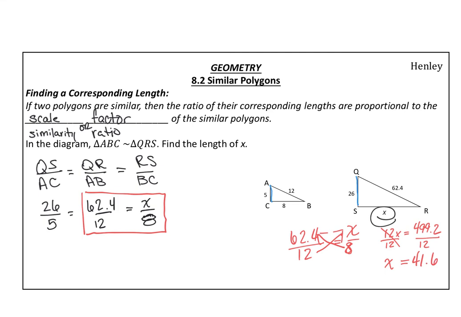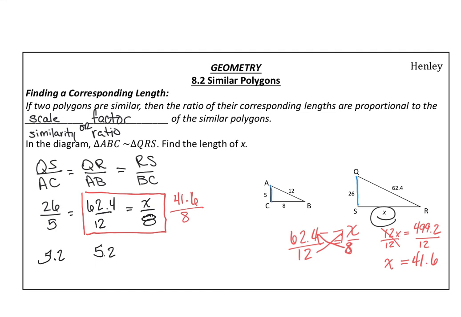So we're going to take that 41.6 and put it right here over 8. 41.6 over 8. Now we can simplify 26 over 5, 62.4 over 12, and 41.6 over 8. 26 divided by 5 is 5.2. 62.4 divided by 12 is 5.2.